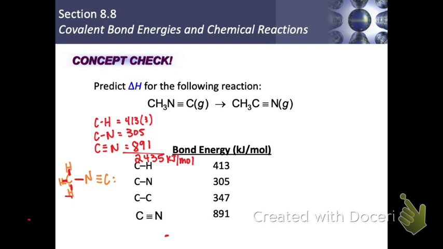One carbon nitrogen bond is 305, but 3 is not just 3. The next one looks really similar, doesn't it? So why is it not exactly the same? Why doesn't it have exactly the same bond energy? Right, we're not going to have a carbon to nitrogen bond.